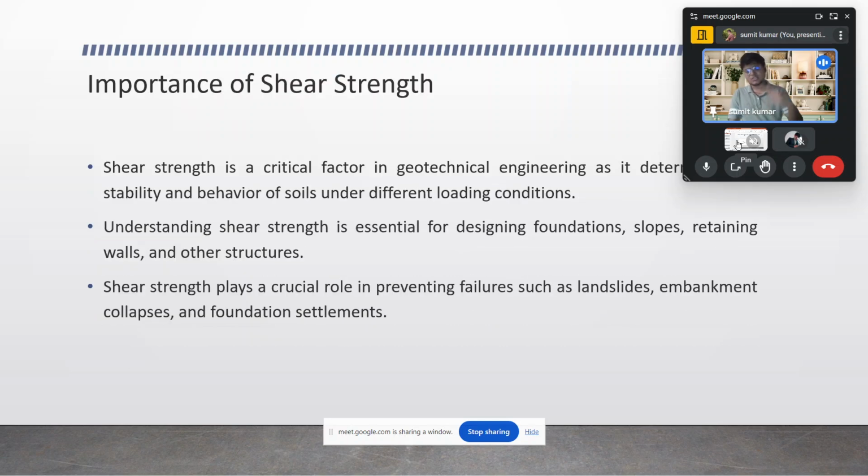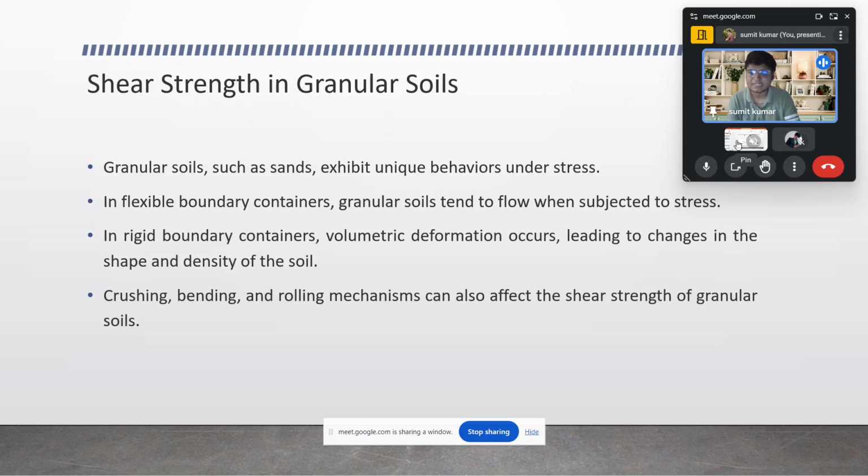The importance is so significant that if the shear strength of the soil is not known, we cannot know how much load the structure can withstand without any failure.